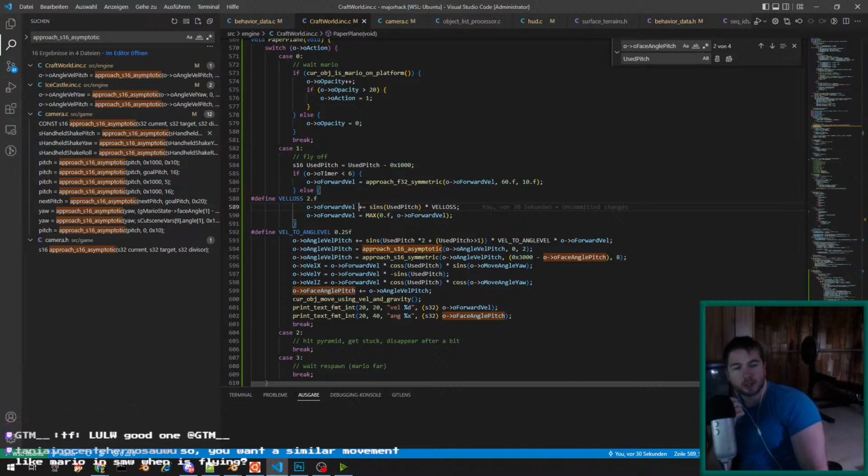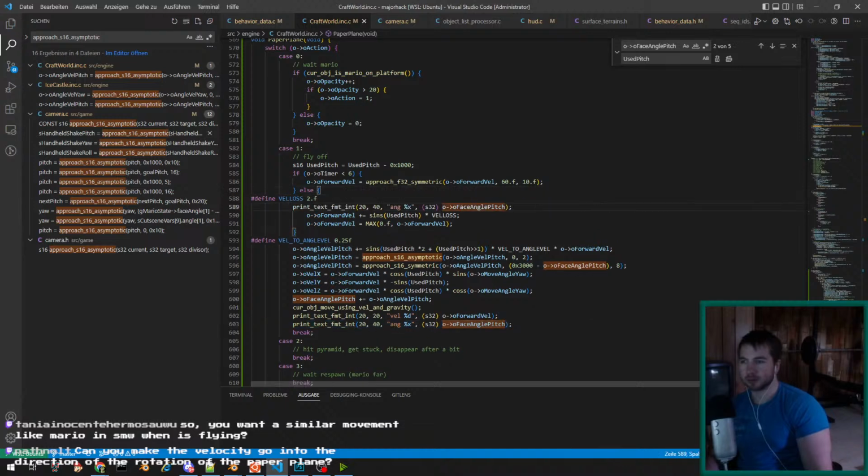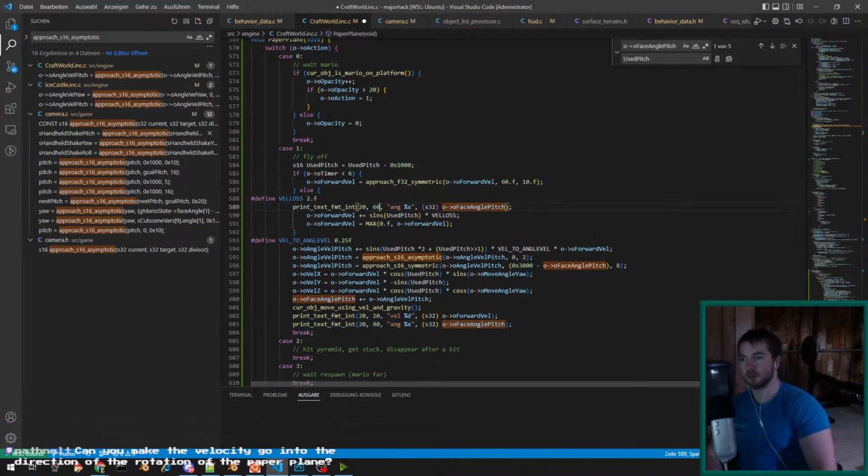That's weird, right? We lose velocity when we point up, which makes sense. Then we don't gain velocity when we point down. Well, again, that's literally just acceleration.